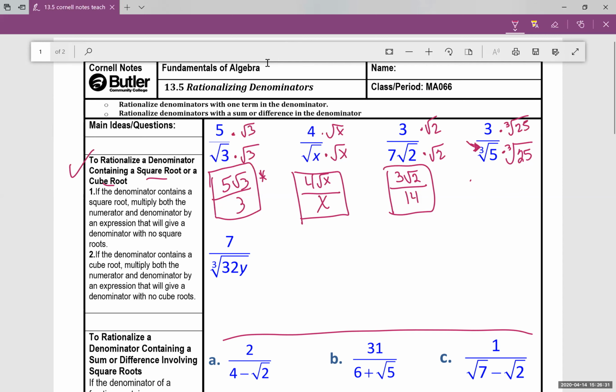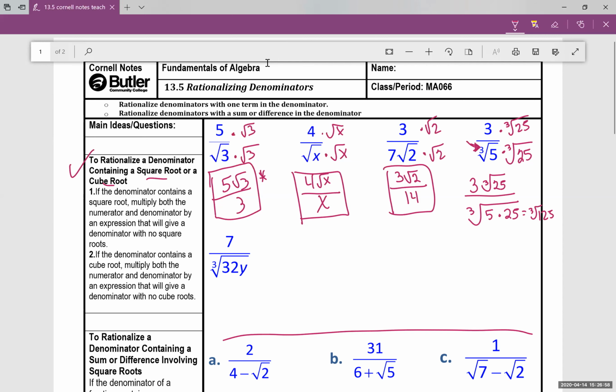On the top, I have 3 cube root of 25. And on the bottom, I have the cube root of 5 times 25, and this equals the cube root of 125, okay?